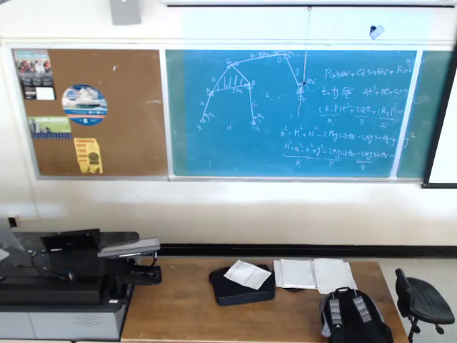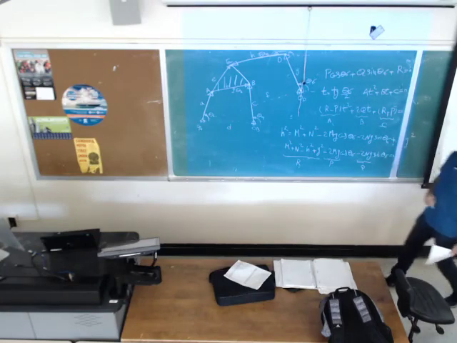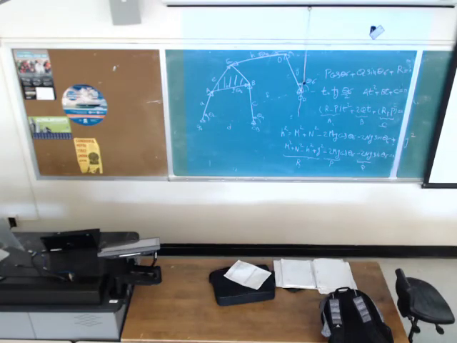I'm gonna solve for theta 5. If I divide both sides by h, I'm gonna get cosine of theta 5 would be m minus g cosine of theta 6 divided by h, and sine of theta 5 is gonna be n minus g sine of theta 6 divided by h.